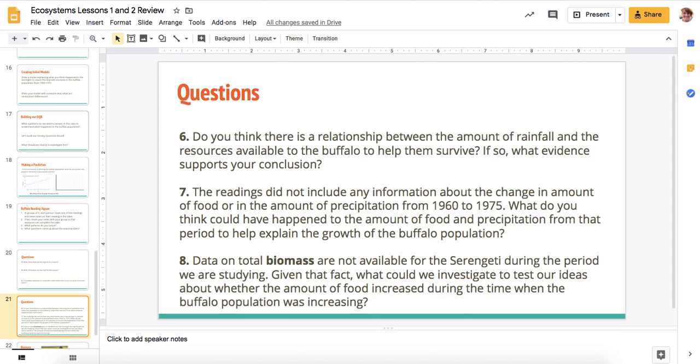Then we realized that there isn't any data on exactly how much grass is in the Serengeti. No one's counting blades of grass. So we learned about this idea of biomass and how that data might not be available to us, but we know that climate, and specifically precipitation, would be directly linked to how much food was available to the buffalo.